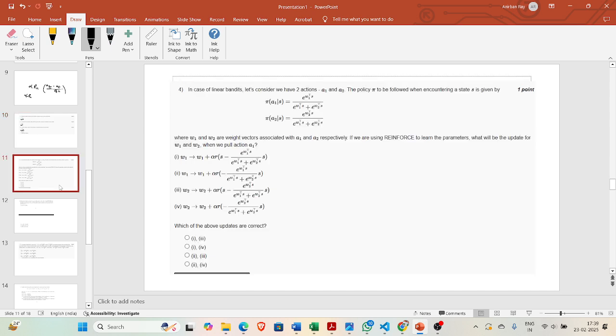Now this is the question. Another REINFORCE question in which we have to update the parameters. There are two parameters here as well, w1 and w2. Like mu and sigma before, now w1 and w2 are there, and we need to update the parameters.